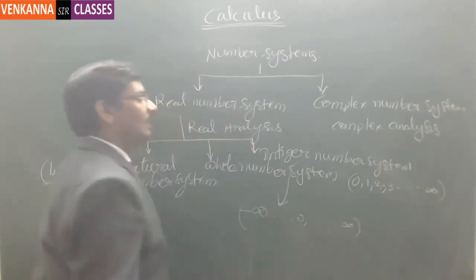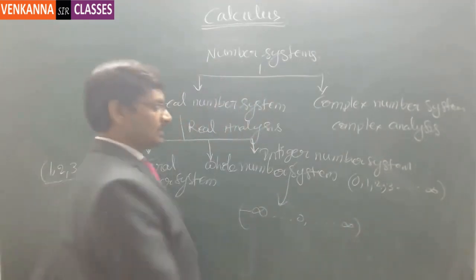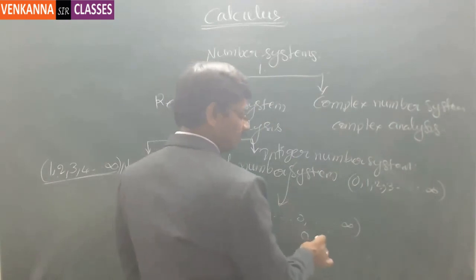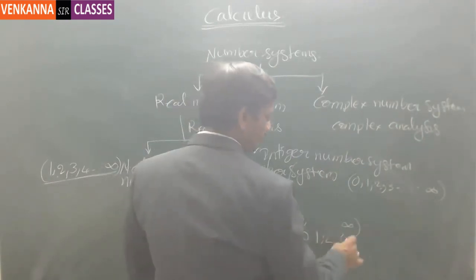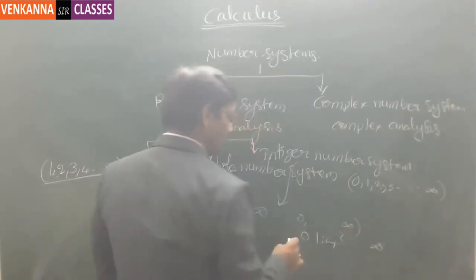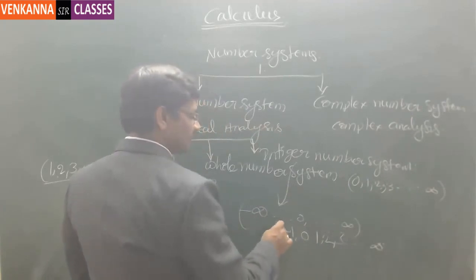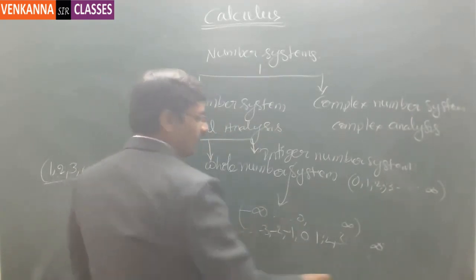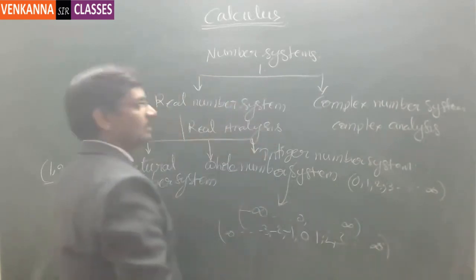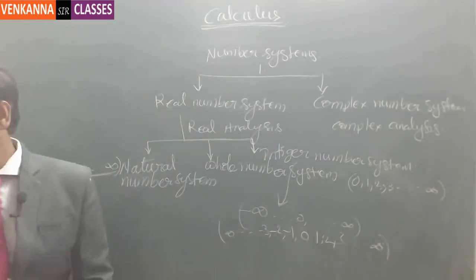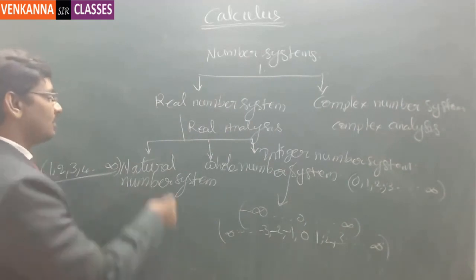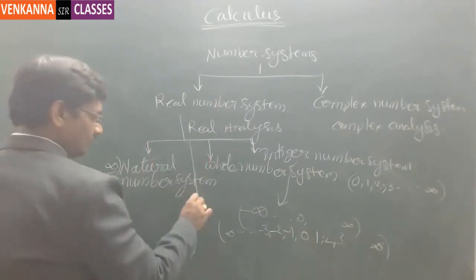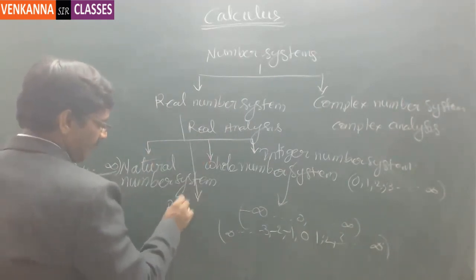This entirely will form the integer number system, but the numbers are integers only: 0, 1, 2, 3, 4 up to infinity, and similarly minus 1, minus 2, minus 3 and up to minus infinity. All these numbers will form the integer number system. Now, there is one more number system, that is the rational number system.